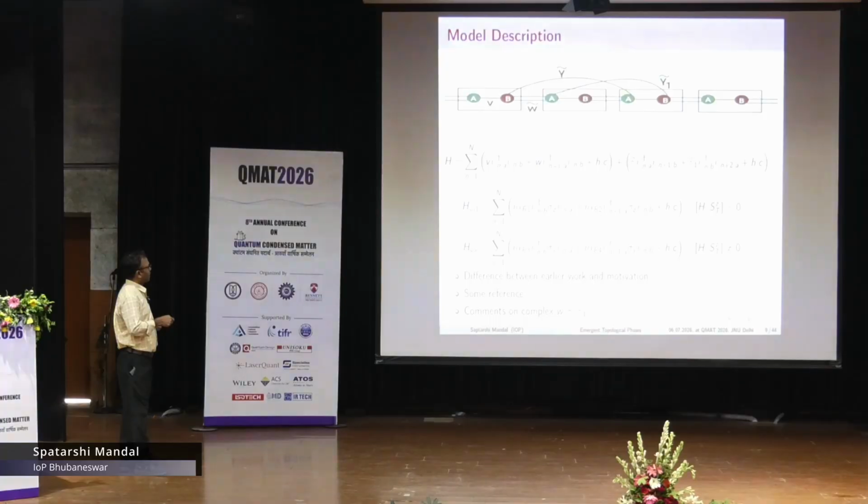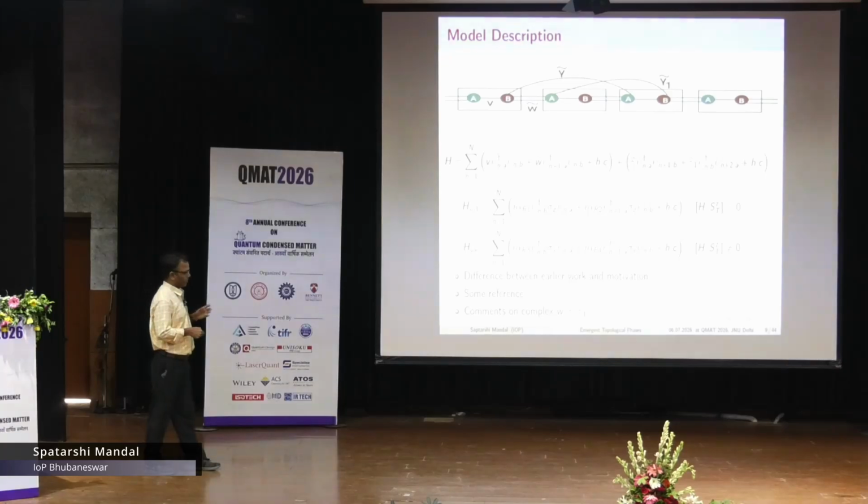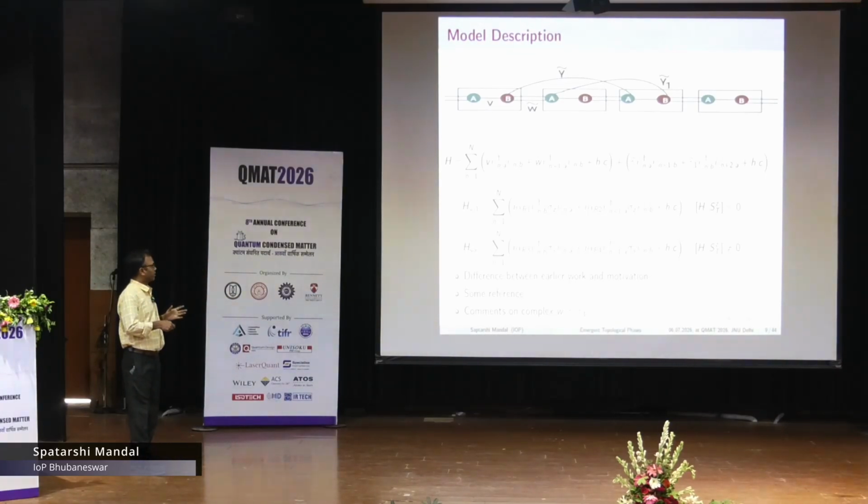So we allowed a next to next nearest neighbor hopping gamma, and we realized that unless we make the gamma complex, we cannot really vary the topological winding number differently for different spin sectors. This is the main story of the problem, and basically analytically we found many conditions depending upon these things.